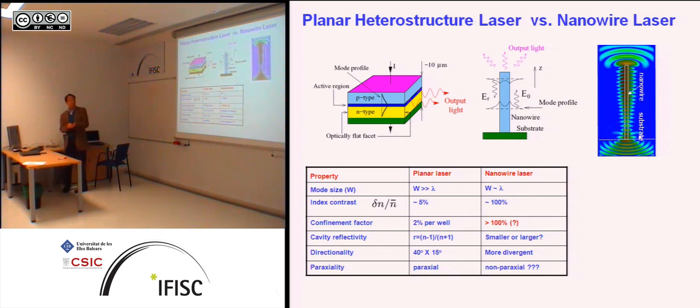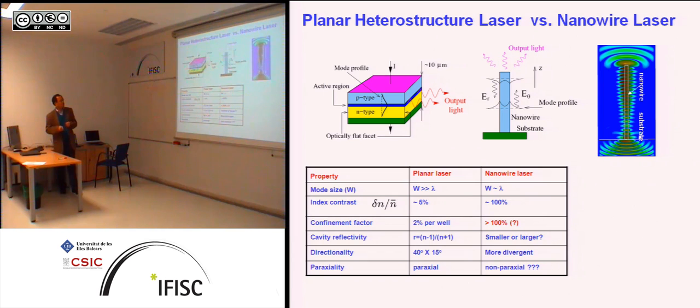If you think about comparing, this is a single wire standing on a substrate compared to the typical edge-emitting PIN double heterostructure laser. The wave propagates along the wire. This is the substrate. You see that the first feature is, of course, that the waveguide is comparable to or smaller than the wavelength. That is actually of number one importance.